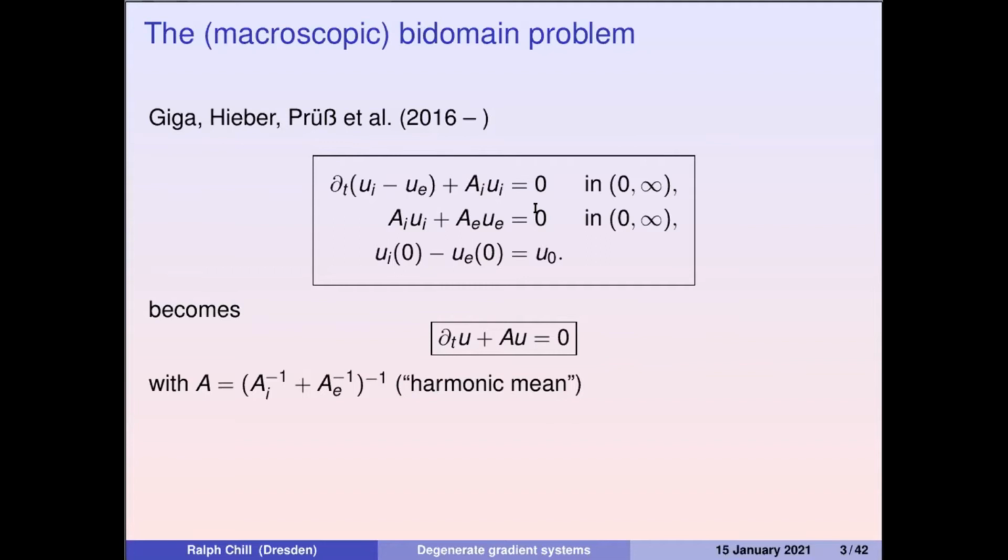And actually, this system can be rewritten as a Cauchy problem, where the operator A is given on the bottom here. It's somehow the harmonic mean of two elliptic operators. And although the two elliptic operators are local operators, partial differential operators, the harmonic mean is in general a non-local operator.